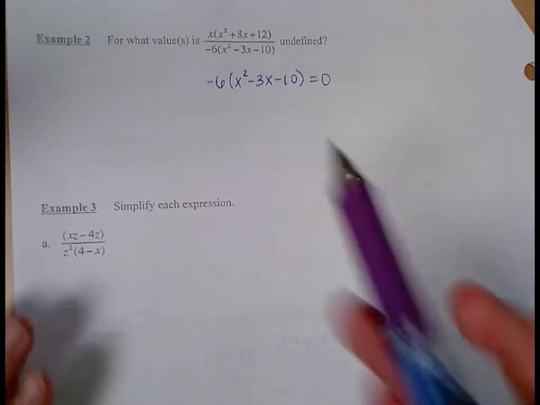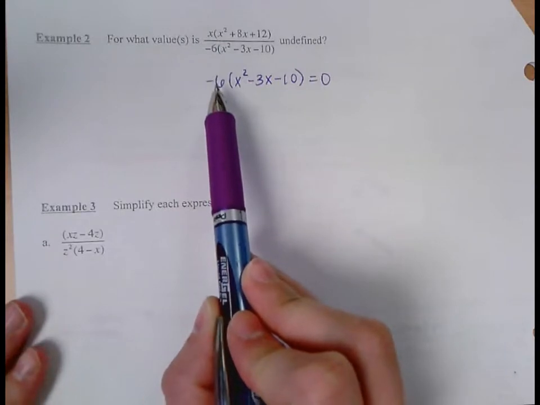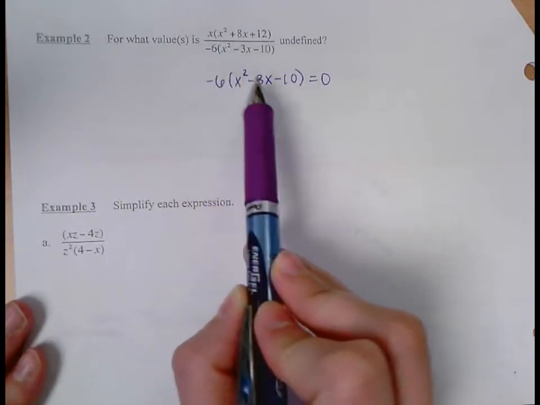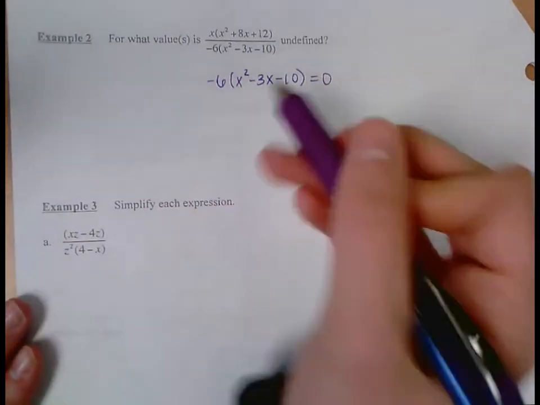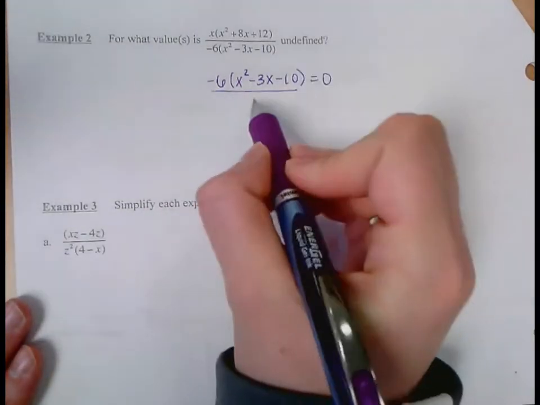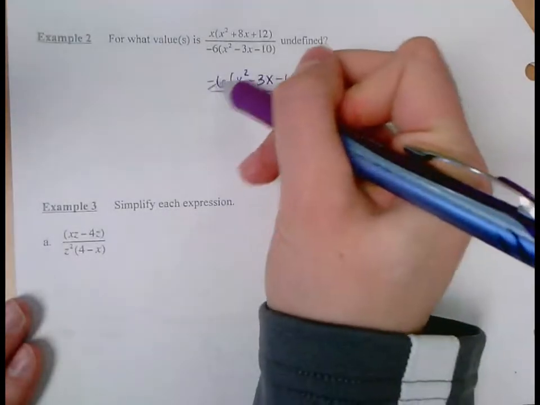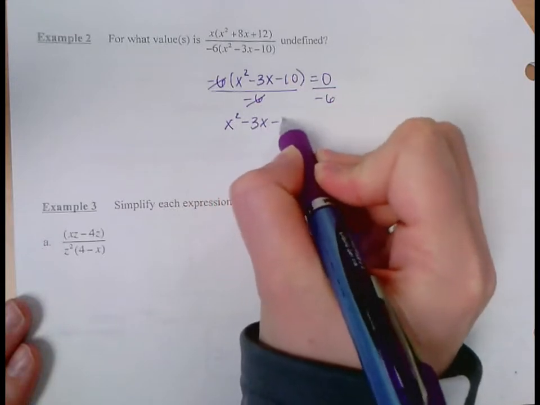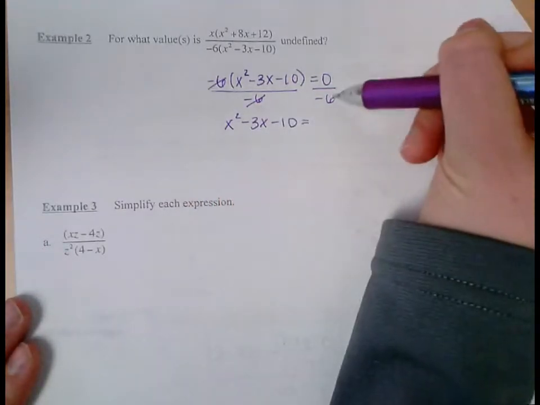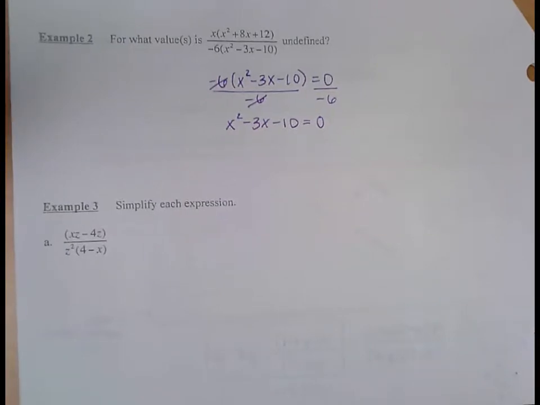Okay, so in this expression, you don't want to distribute the -6 because the -6 is being multiplied. I could divide both sides by -6 to get rid of it. So it'll cancel out on the left side, and I'll just have x squared minus 3x minus 10. And then I still have 0 on the right side. 0 divided by -6 is still 0.